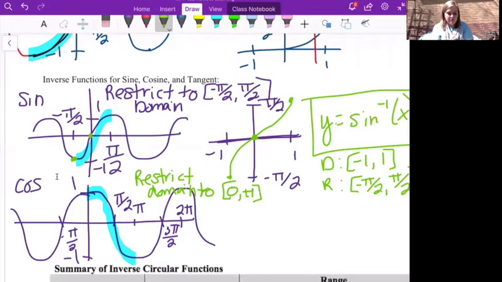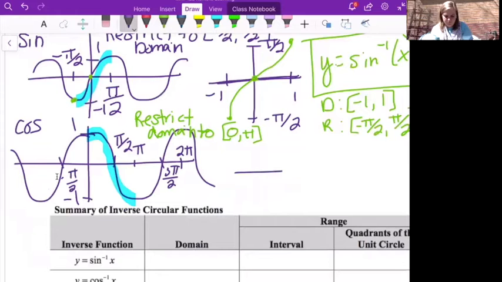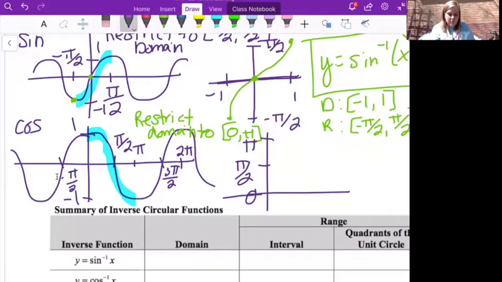And so then when we graph this, because we're restricting our domain to 0 to pi, that means that that is now going to be our range. And then our domain is going to be the range of cosine, which is -1 to 1. And so then we take our points.